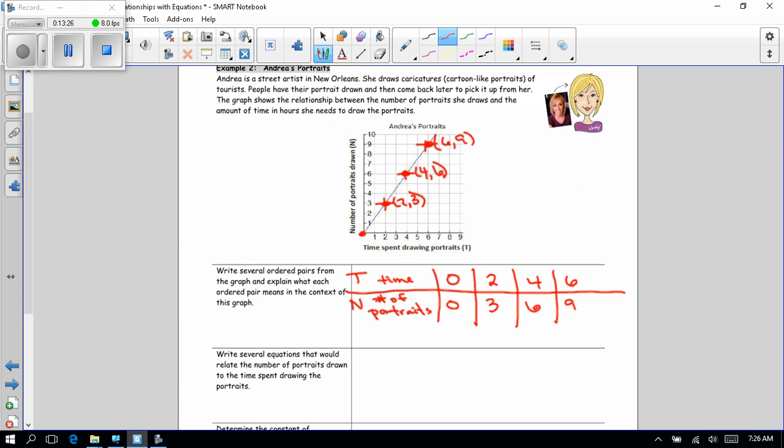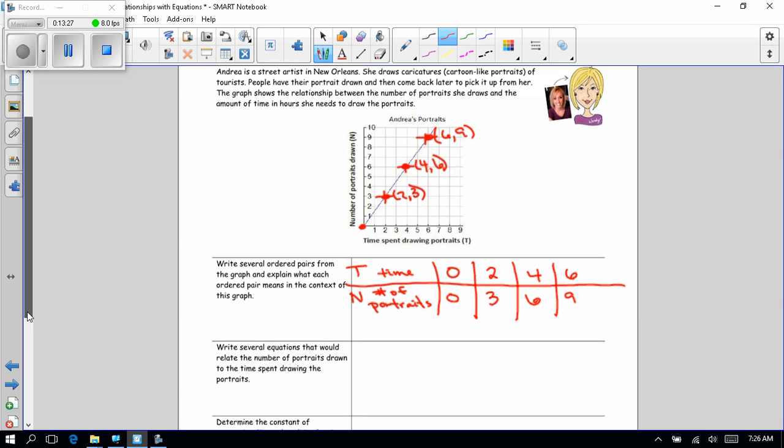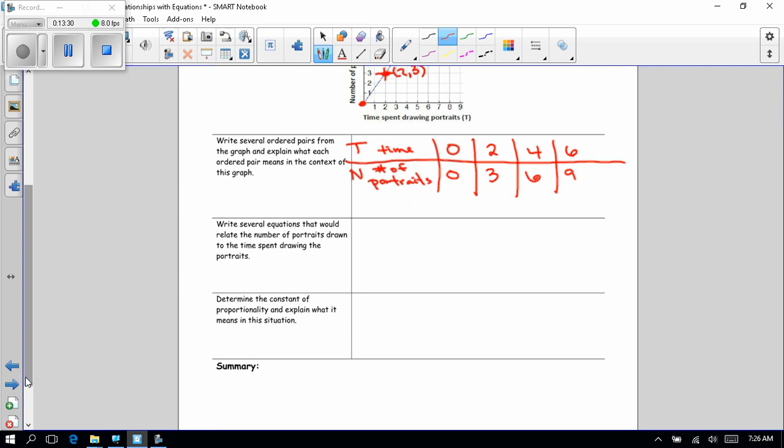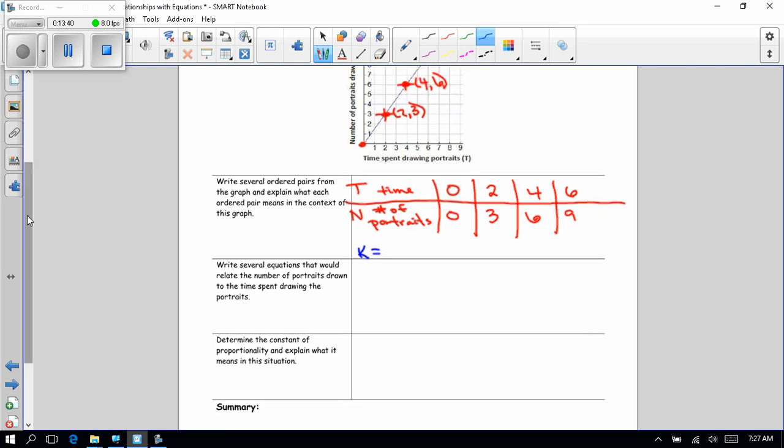Write several equations, it says, to relate the number of portraits drawn to the time spent drawing the portraits. Okay, well, what's that constant of proportionality in the problem above it? All right, we got to figure that out. Well, this is your X, and this is the Y. Remember, I always said it's Y over X to find the constant of proportionality, or in this case, the number of portraits over the time, right?